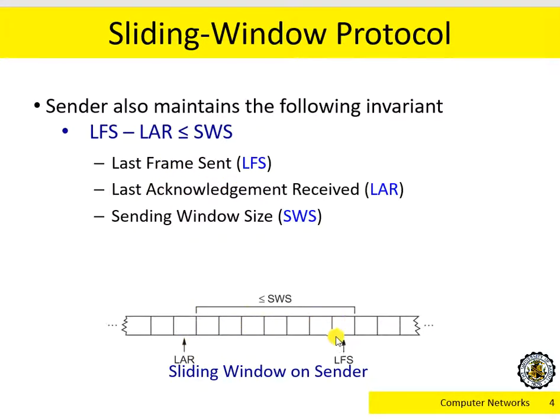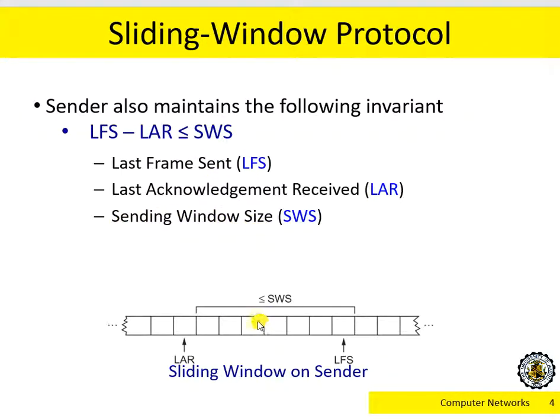And the difference between them is how many frames you have sent but not received any acknowledgement for. And this is supposed to be less than or equal to the upper bound of your capacity, your window size, which is SWS, the sending window size.